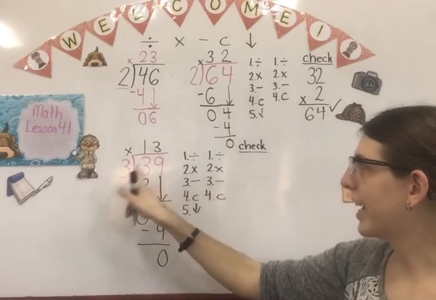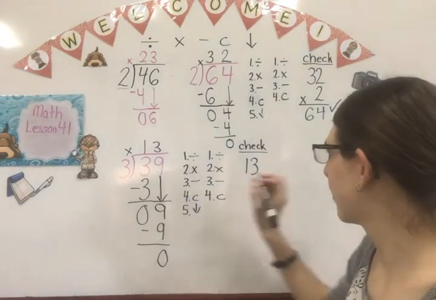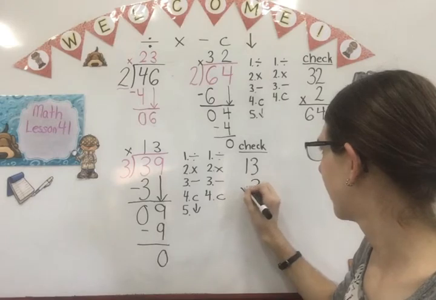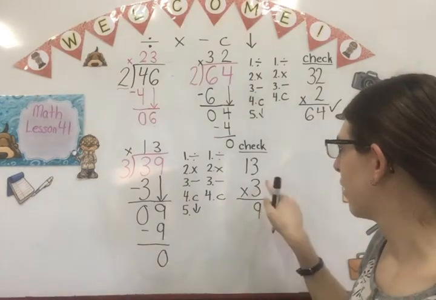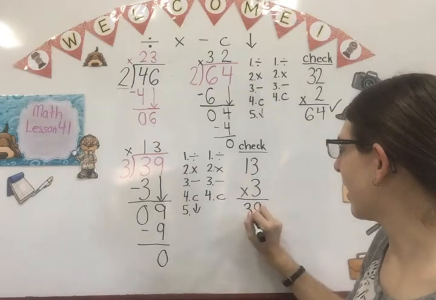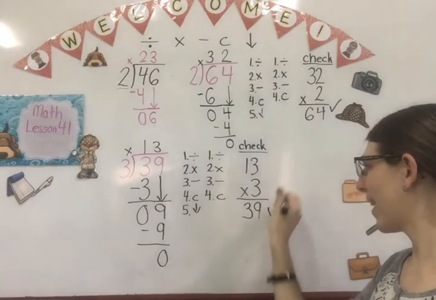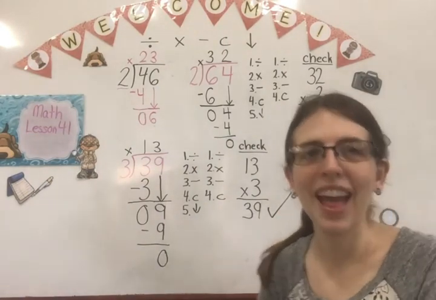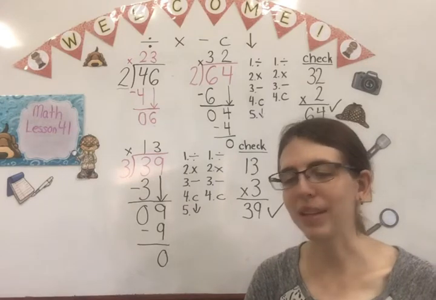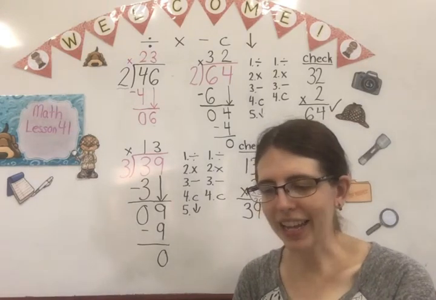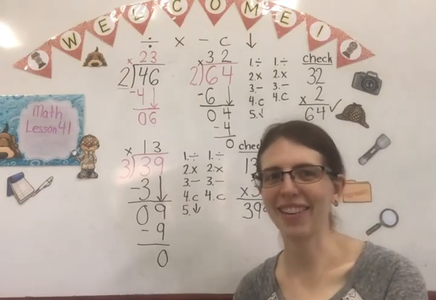Now I'm going to check it. 13 times 3. 3 times 3 is 9. 3 times 1 is 3. Does 39 match? Yes, it does. So my answer is correct. That's all that you have to do, okay? So now try letter C, 88 divided by 4, all by yourself. And let me see a picture of how you did, okay?